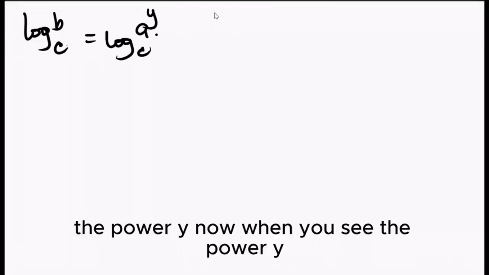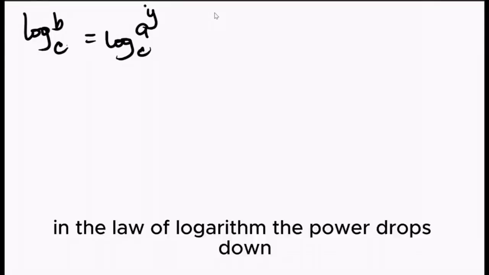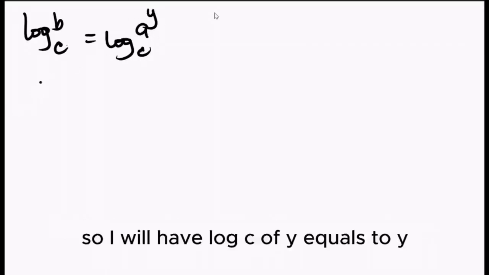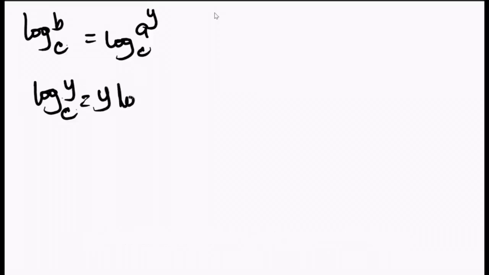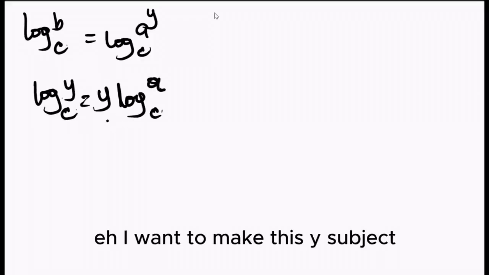Now when you see the power y, in the law of logarithm, the power drops down. So I will have log c of b equals to y log c of a. I want to make this y the subject.